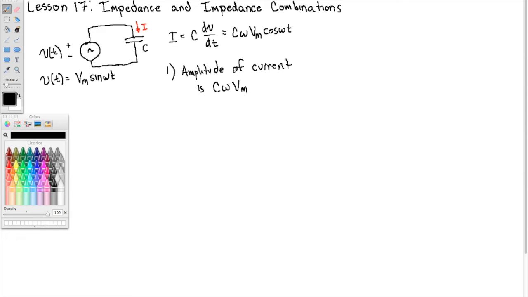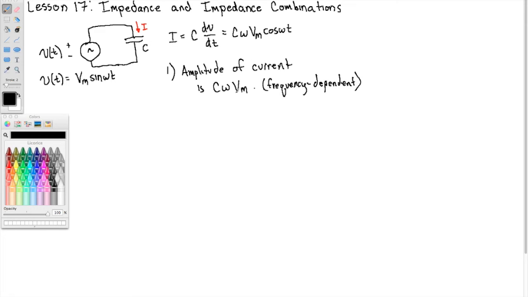So this is different than what we saw with the resistor. The amplitude of the current in the resistor did not depend on the frequency. Okay, so I'm just going to write here frequency dependent. That's an important point here.